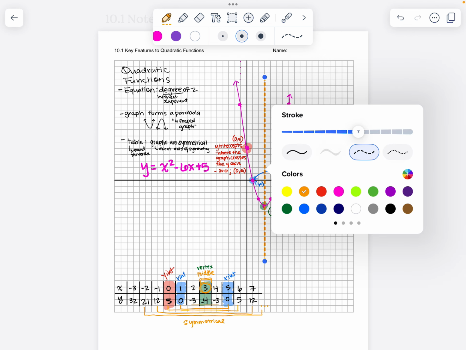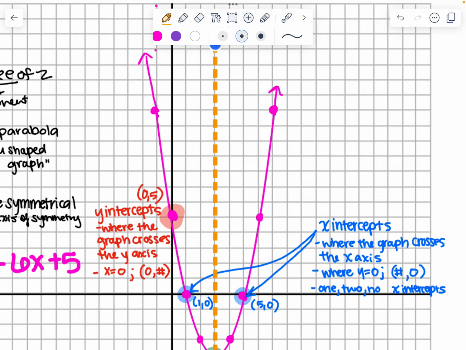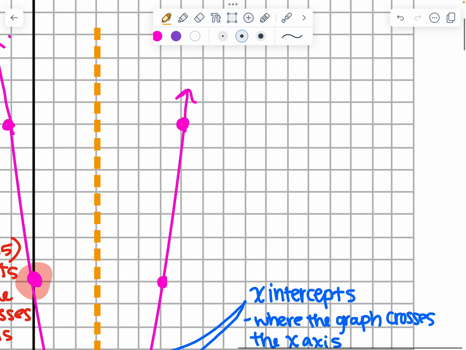It is invisible. It's not really there, which is why I represented it using a dotted line. But the axis of symmetry is also a new component for us for this unit. And I'm going to come put all my information for axis of symmetry right up here.